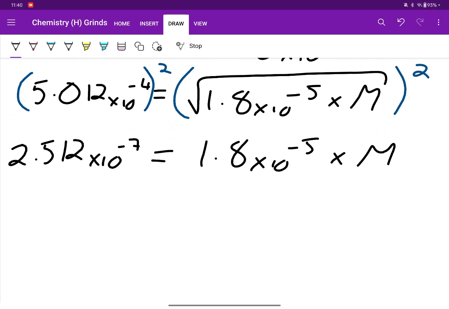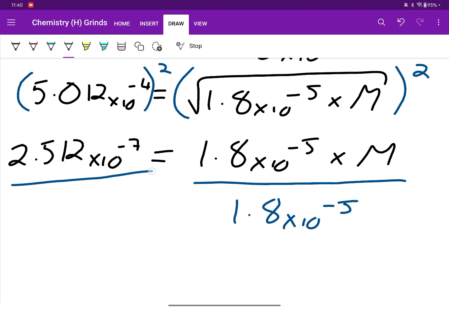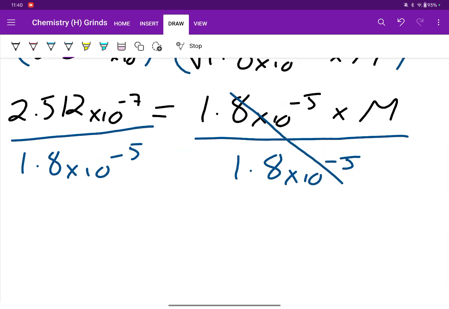And then to get m, we'll divide both sides by 1.8 by 10 to the minus 5. These will cancel. And on the other side, we get 2.512 by 10 to the minus 7 over 1.8 by 10 to the minus 5, and we get that the molarity is equal to 0.014 molar.